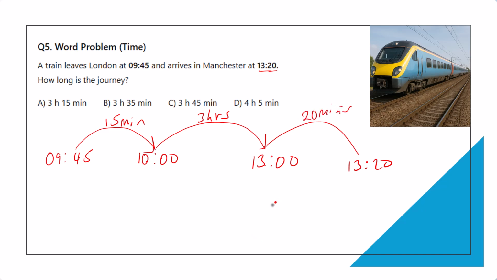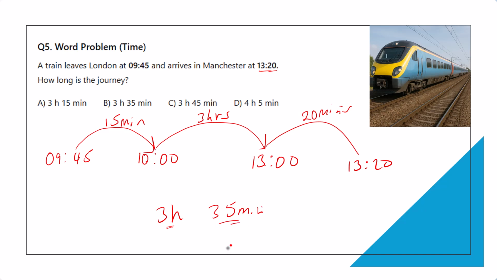Then what I need to do now is add everything. First, add the hours. I've got 3 hours here. And then with the 15 and the 20, if you take 15 plus 20, you're going to find 35. Okay? So altogether, the train takes 3 hours and 35 minutes.